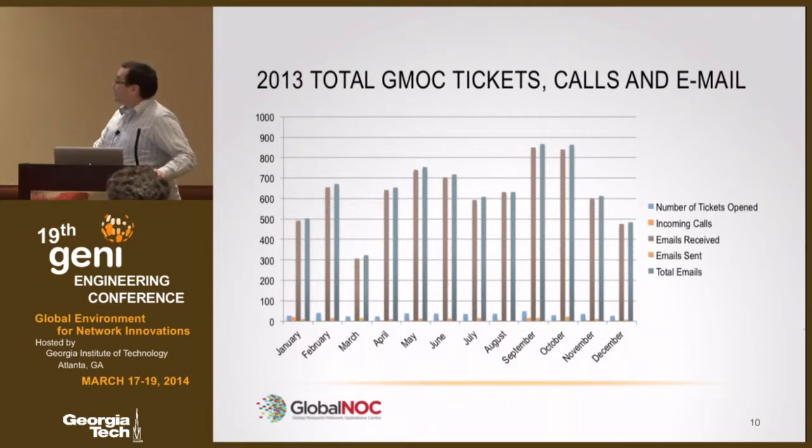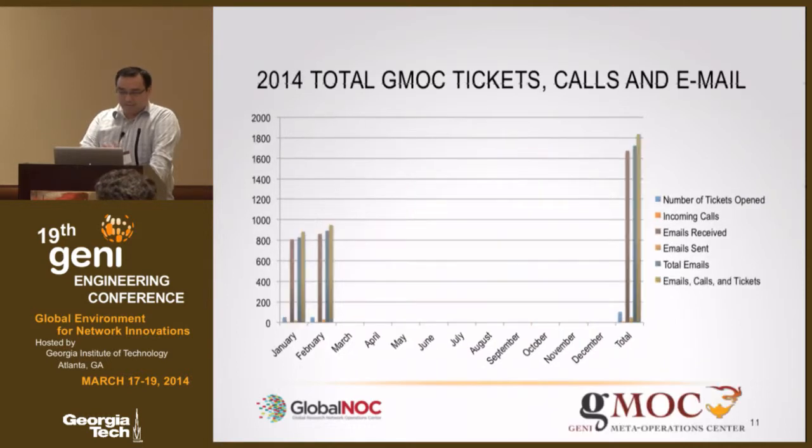Just a few statistics. We recently started doing this, but this helps us to track the trends and identify some peak times and things like that. You can see how things are probably related to pre-GEC or post-GEC activity, certainly end-of-year events, with tracking phone calls, tickets, emails.